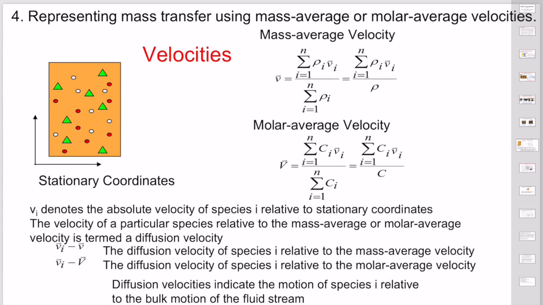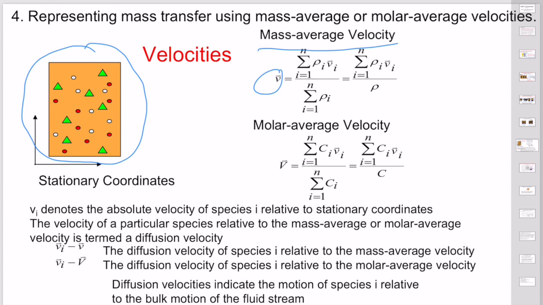And we're not going to do a whole lot with it at this point, but just to be aware. So we've got the mass average velocity, which is basically what we're going to do is take each component. Over here, I've got lots of different things in my solution. Some of them are diffusing up and some of them are diffusing down.